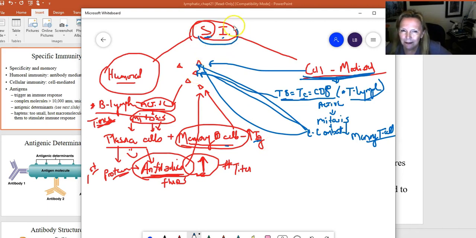So in your specific immunity, you have two arms that will start to work whenever foreign antigens are encountered in the system. Now, I'm making it sound like foreign antigens are always horrible and always cause signs and symptoms of disease. Sometimes they don't. Sometimes they're just things in your ecosystem, because we live in a foreign ecosystem. The only thing that's self is our own cells.